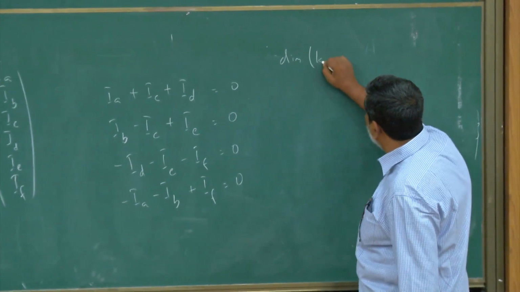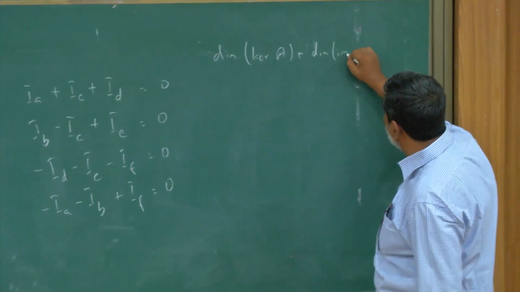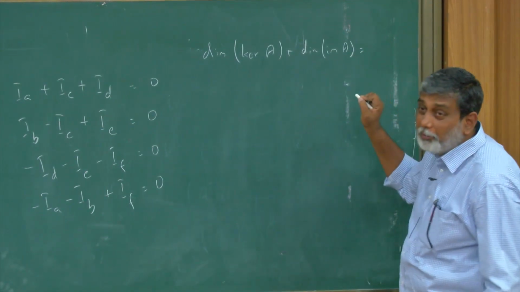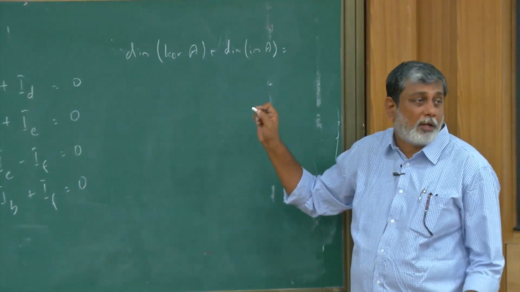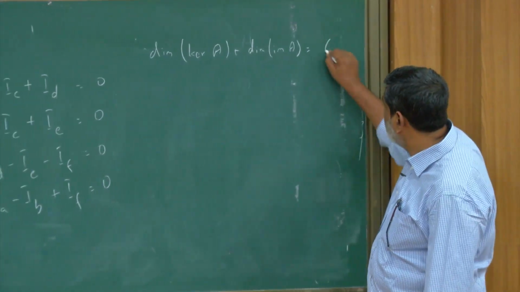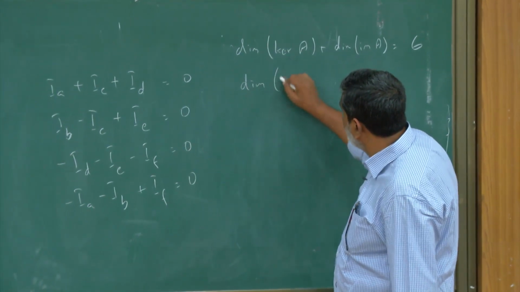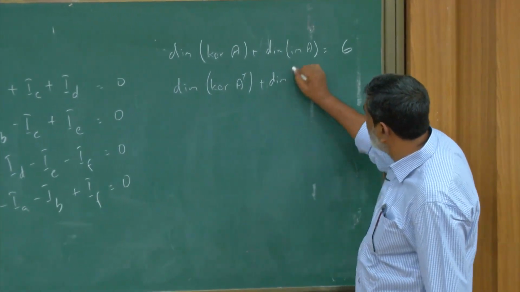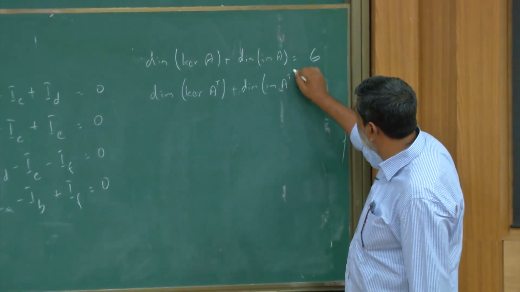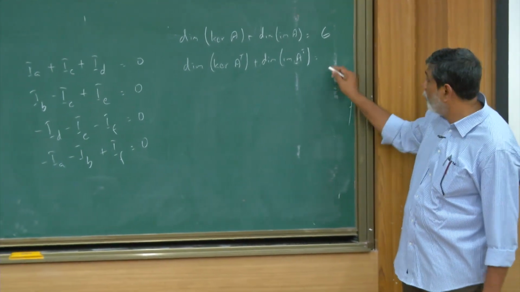Dimension of kernel of A plus dimension of image of A is equal to, in this case, number of branches. Dimension of kernel of A transpose plus dimension of image of A transpose is equal to, in this case, number of nodes, 4.